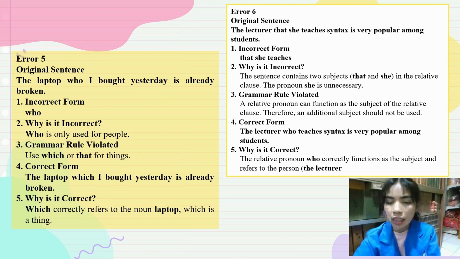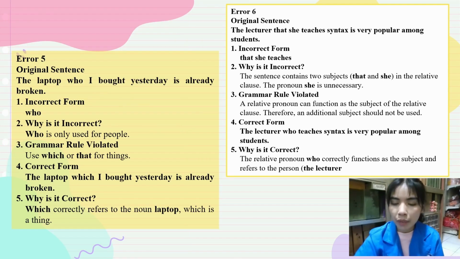On slides 5 and 6, the fifth sentence refers to a laptop. A laptop is a thing, so the correct relative pronoun is which. In the sixth sentence, the pronoun is unnecessary because who already functions as the subject of the relative clause.